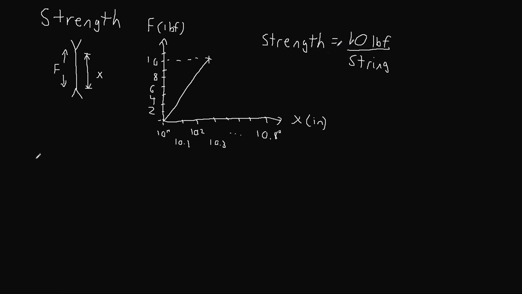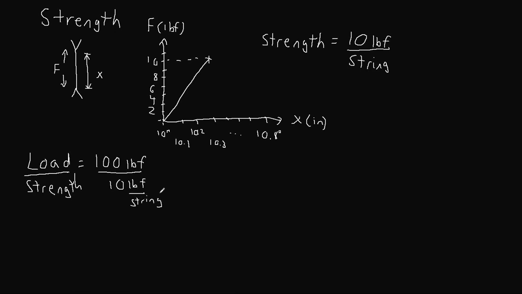This becomes really useful because if I specify a load that I need to support, say the load I want to support is equal to 100 pounds, I can divide that load by the strength of what I want to support the load with. In this case we have 10 pounds per string, and dividing is the same as multiplying by the reciprocal.